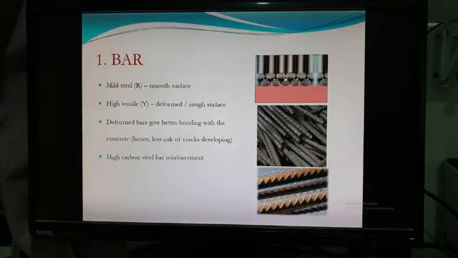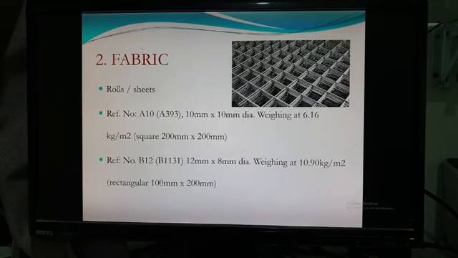So besides the reinforcement bars, we also have fabric reinforcements. Fabric reinforcements come as rolls or pieces or sheets. As an example, the BRC A10 has a 10 mm diameter.